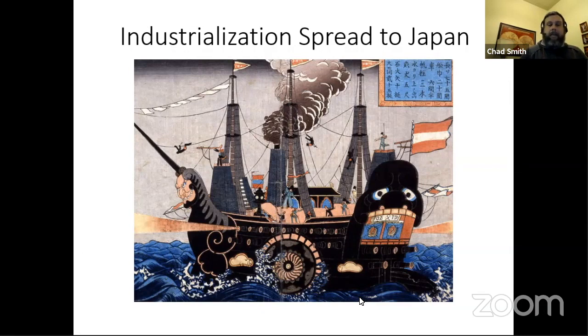The United States sent Admiral Matthew Perry to Japan, and Matthew Perry demanded to meet with Japanese government leaders and demanded that they open up Japan to trade. He wanted what was called the open door policy. See, Matthew Perry was a little bit savage in his introduction to the Japanese leaders.